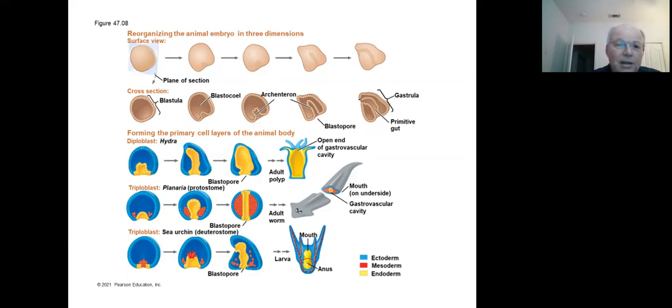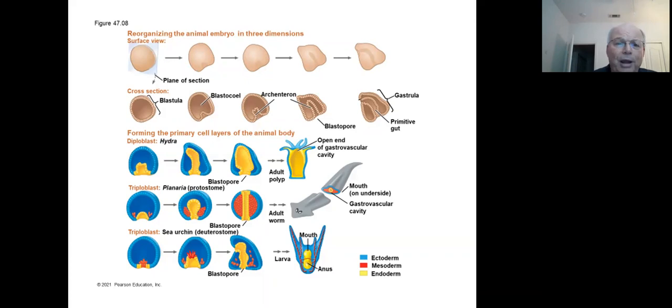There is the radial symmetry of the cnidarians, the jellyfish, and the sea anemones and the like, coral polyps, and of the ctenophorans, which we don't talk about very much, but I'll introduce them to you when we do chapter 33. And then there is the bilateral symmetry that we recognize in most other animals.